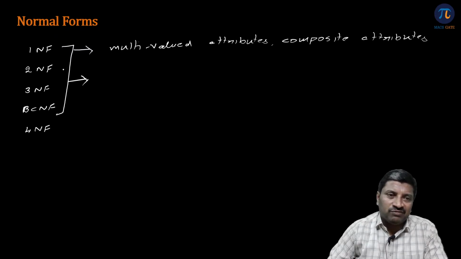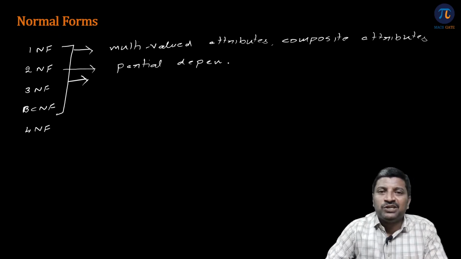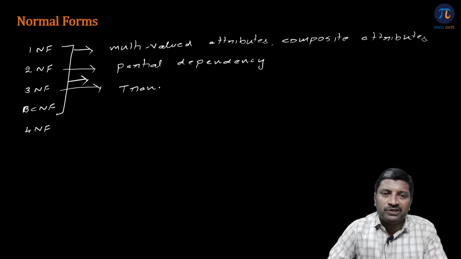The second normal form mainly deals with partial dependency. What is partial dependency and how to handle it, we will discuss. The third normal form mainly deals with transitive dependency.